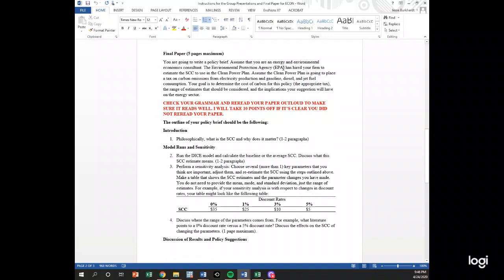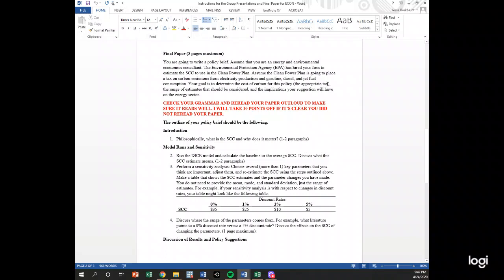Usually it's going to be even less than 5 pages, but I suppose that's what you've been given. They've hired you to estimate the social cost of carbon and use it to generate an optimal tax on emissions under the Clean Power Plan, and then discuss what the effects of your carbon tax would be.